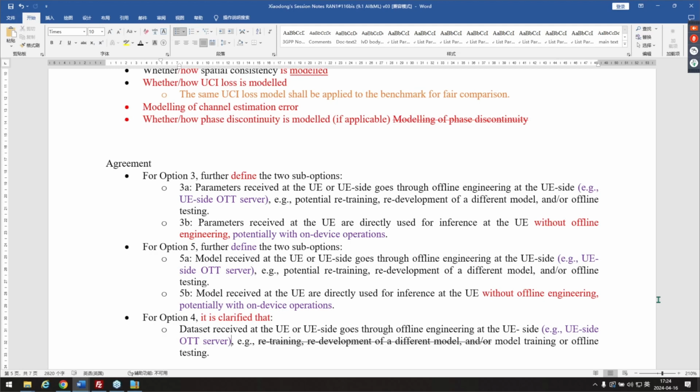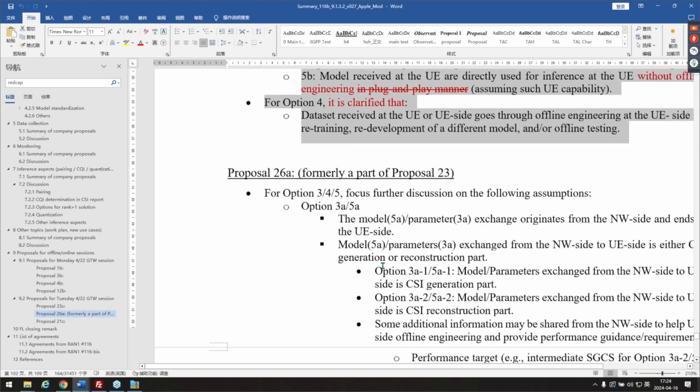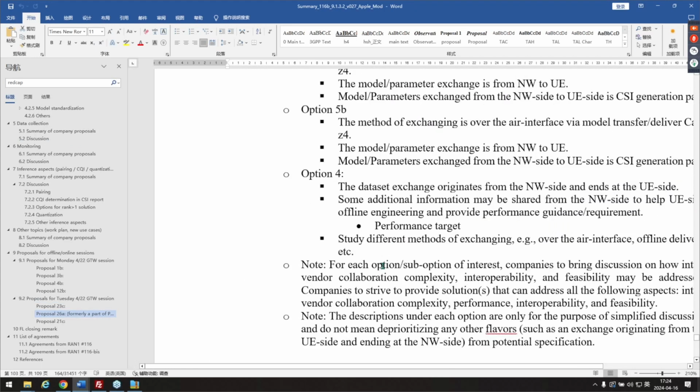Huaning? I think in FeatureLead's original proposal, there was a note saying that the discussion, for simplification purposes, will only define from the network to the UE, and it doesn't preclude from the UE to network side. So there was an original note, and I think the feature lead captured that note in the next agreement. I suggest to copy the note to the first agreement to cover the definition as well.